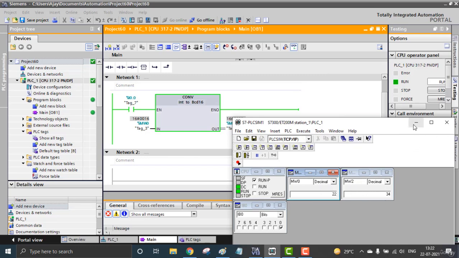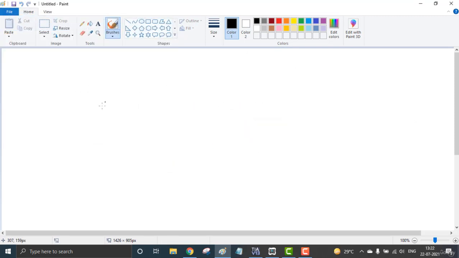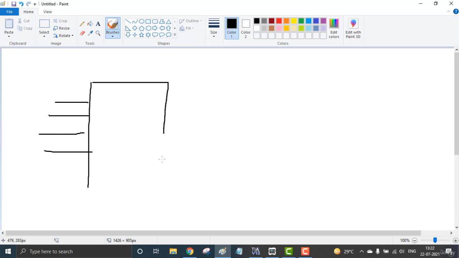We use this kind of BCD number for connecting 7 segment displays. BCD numbers have only 4 inputs, so they are connected to a 4 by 7 segment display.